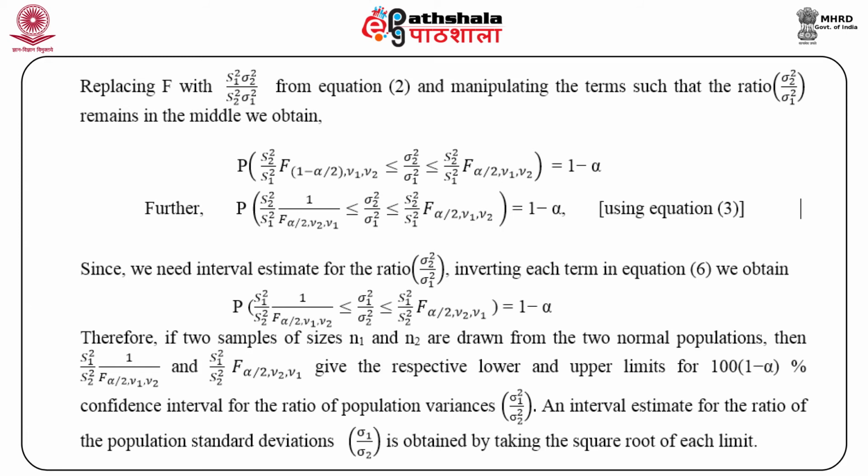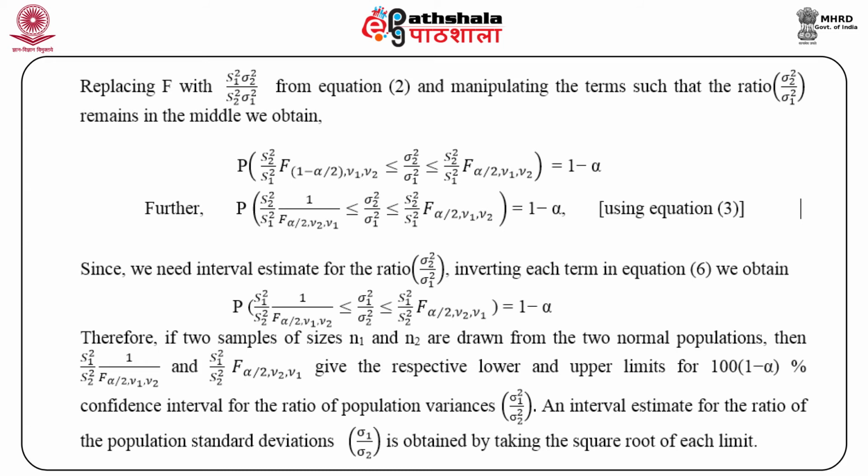Therefore, if two samples of sizes n1 and n2 are drawn from two normal populations, then s1 square upon s2 square into 1 upon F alpha by 2 nu 1 nu 2 and s1 square upon s2 square into F alpha by 2 nu 2 nu 1 give the respective lower and upper limits for the 100 into (1 minus alpha) % confidence interval for the ratio of population variances, that is sigma 1 square upon sigma 2 square.